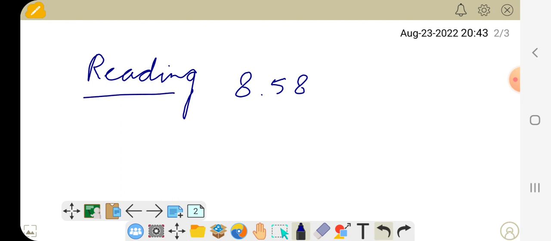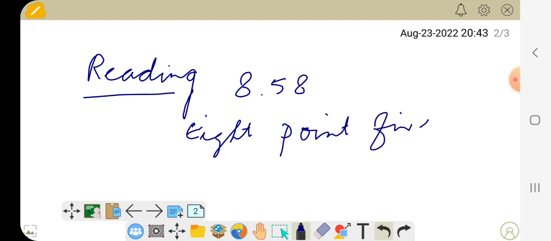You have to read it as eight point five eight, digit by digit. This is the way to read. Clear?